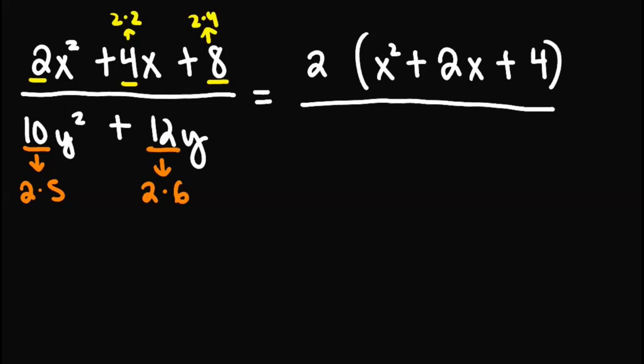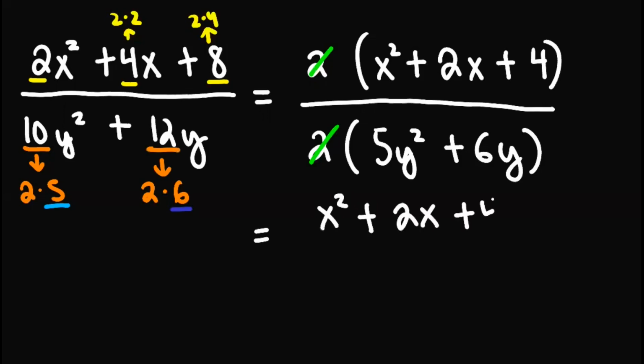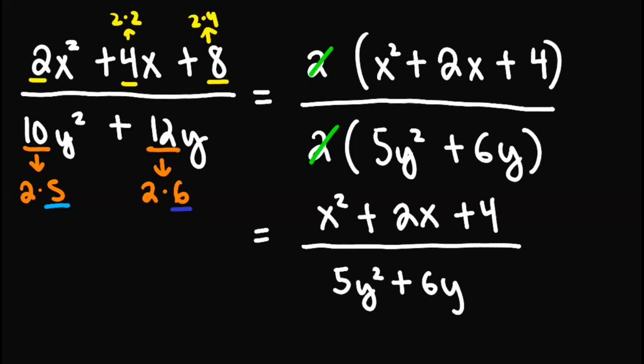We'll factor out the 2, so we'll have 2 times 5y squared plus 6y. And from here we can cancel out the 2, leaving us with x squared plus 2x plus 4 over 5y squared plus 6y.